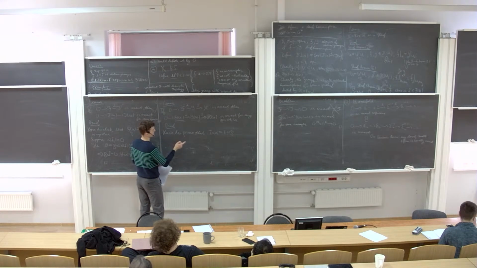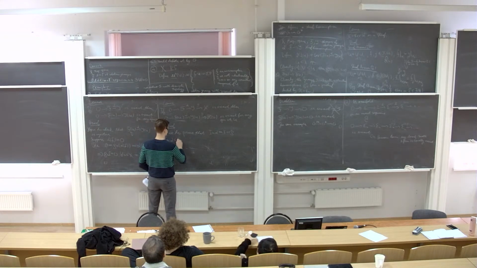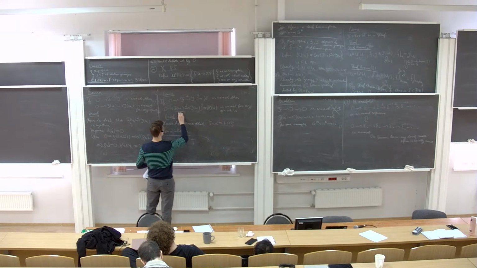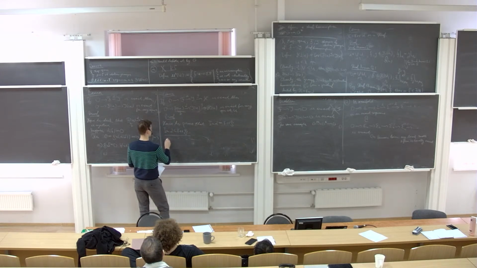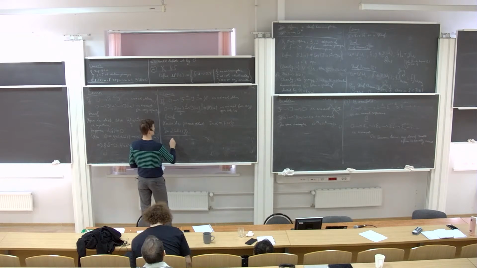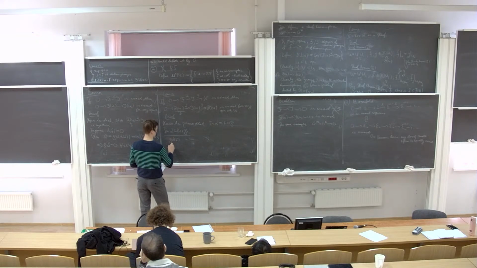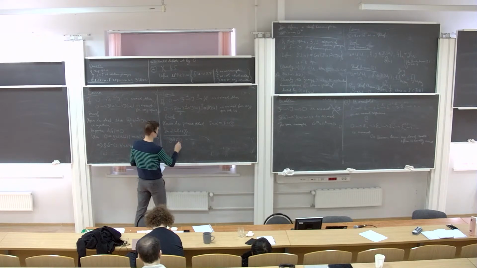The first inclusion is simpler: the image of alpha belongs to the kernel of beta. For this we take some element f here, and then of course we take the composition, beta alpha f, and we have to check that this is 0.